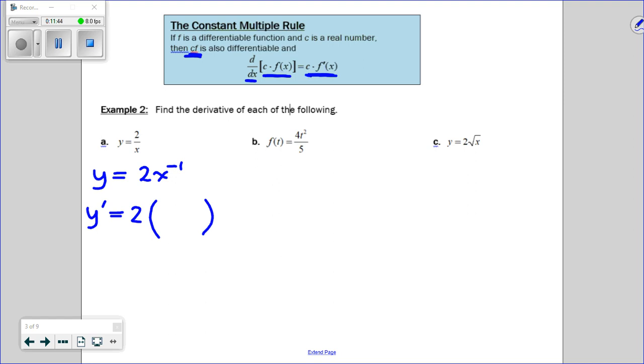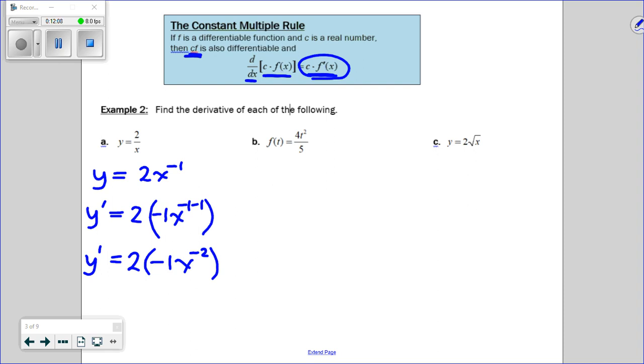Okay, so essentially setting this up. So I'm just going to apply the power rule to x to the negative 1. So I'm going to bring that exponent down in front, multiply it times x to the negative 1 power minus 1. So this will simplify to 2 times negative 1 times x to the negative 2 power.